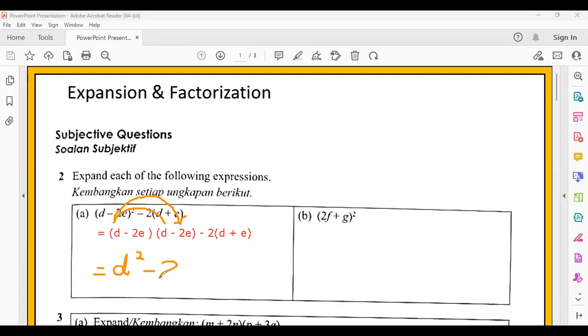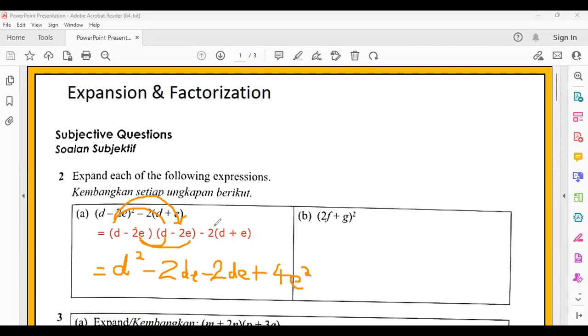Minus 2de. Can you see that? Okay, negative 2e times d is minus 2de. And then go to negative 2e times d. So again, minus 2de, again it's de. And finally, negative times negative, 2e times 2e will become positive 4e squared.